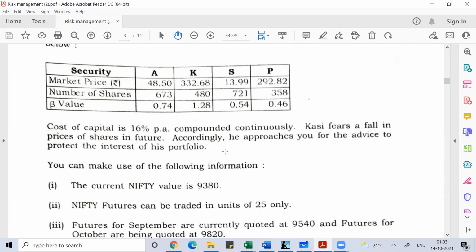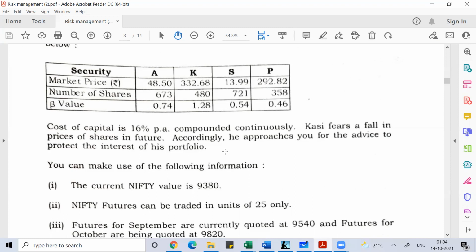And if at any movement a person's account touches the maintenance margin, they get a margin call from the broker to refill the account back to the initial margin so that the contract can continue. Otherwise, if the person does not refill, the value of the portfolio left in one person's account would be the gain of the other person, while for the first person it would be the loss, and the contract at that moment gets closed out.